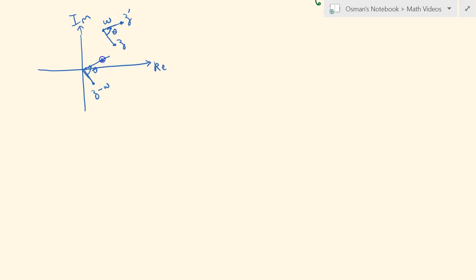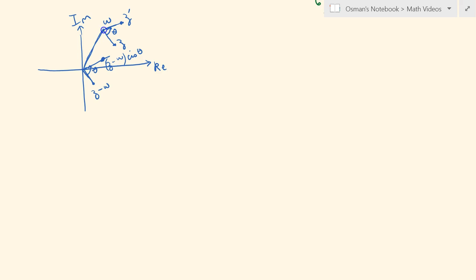So once I have the outcome, z minus omega times CIS theta, all I do is translate that point back to the original place, which is basically just adding back the omega. Just to clarify, this was omega.